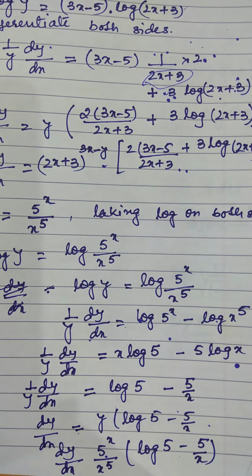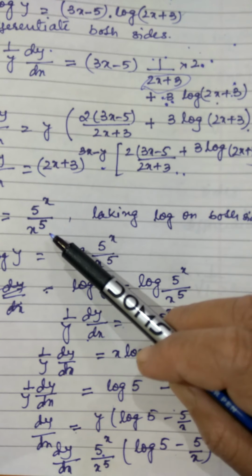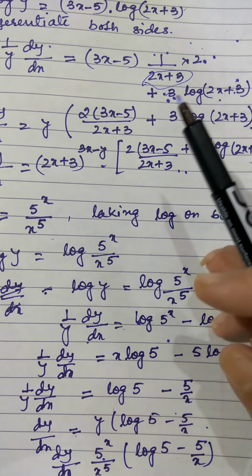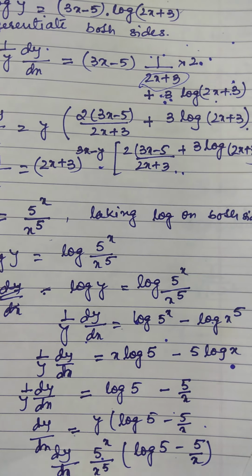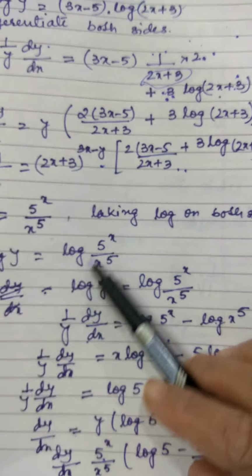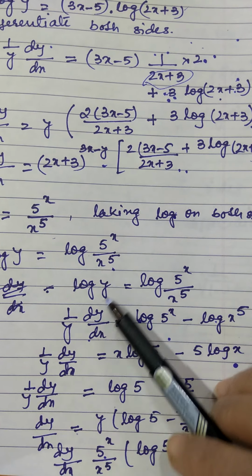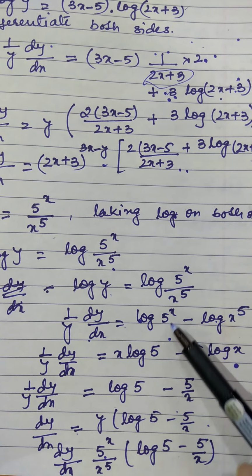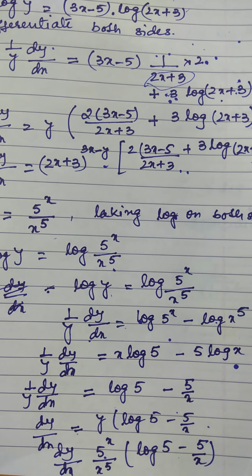Next is log of 5 raised to the power x upon x raised to the power 5. Very easy question. Take log on both sides. So log y is log of 5 raised to the power x upon x raised to the power 5, which is log 5 raised to the power x minus log x raised to the power 5.